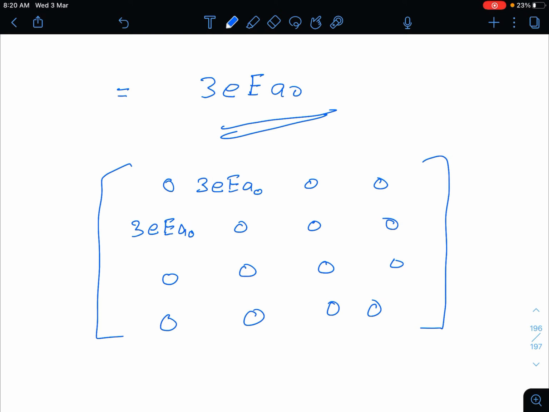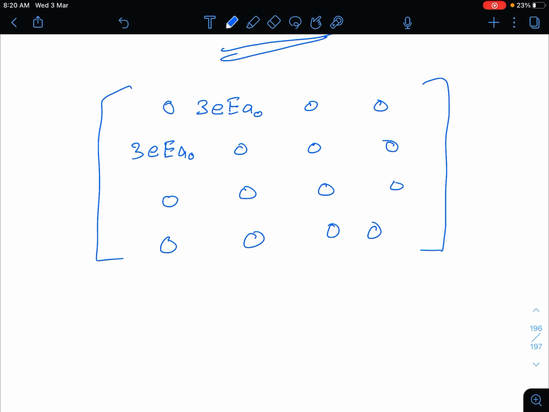Now, what would be the secular equation? This minus E_n^(1) I is equal to 0.